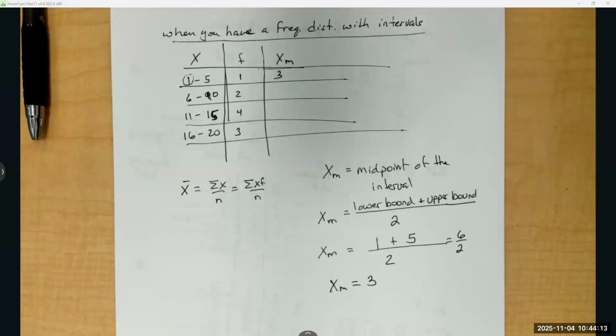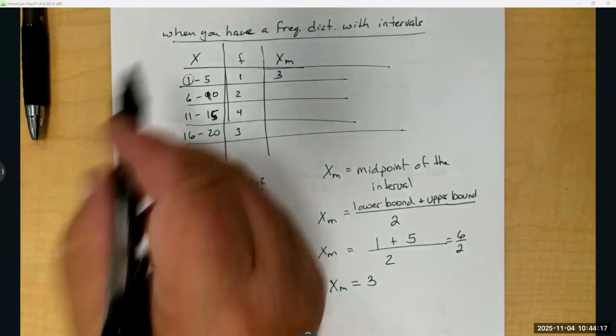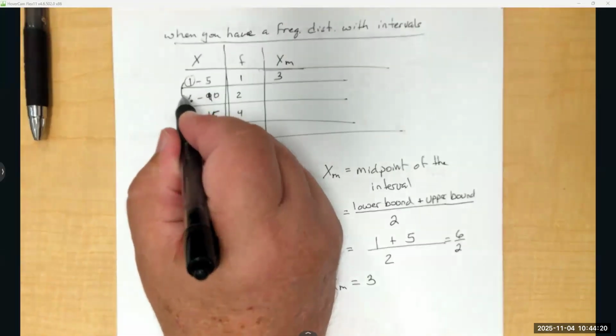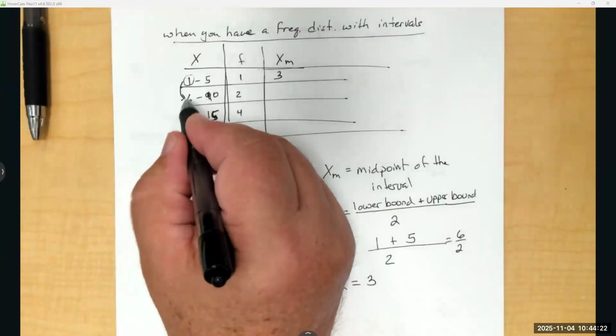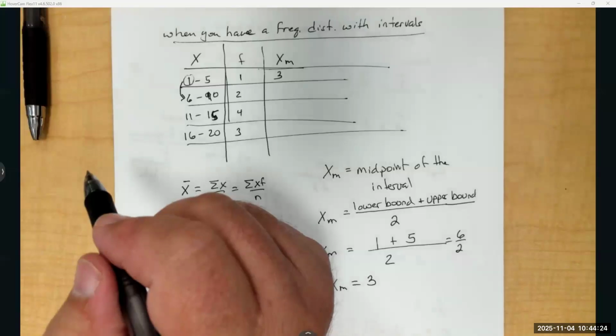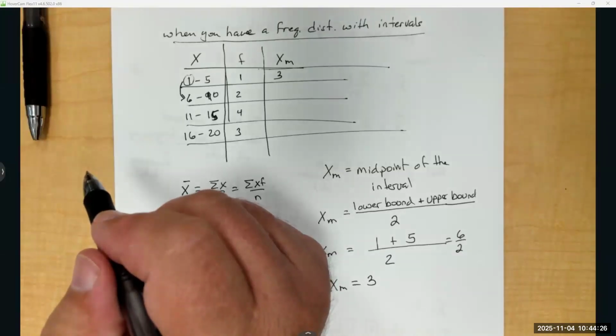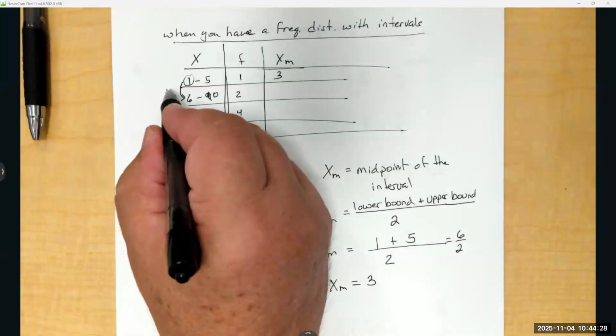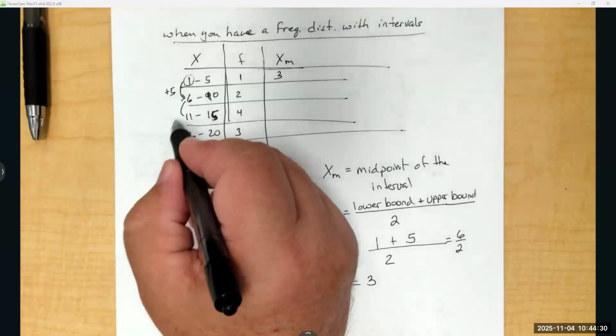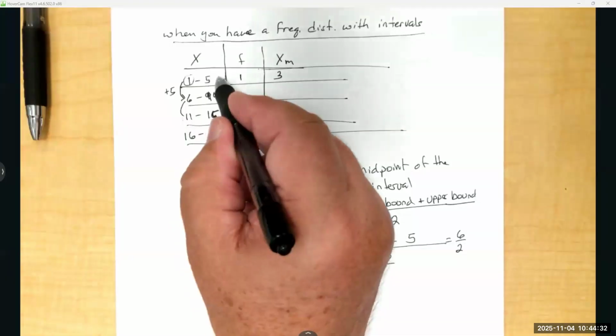Okay, the beautiful thing is we don't have to do any more calculations. You notice how the lower bounds go from 1 to 6, what do I do to get from 1 to 6? Add 5, yeah. And then from 6 to 11, add 5. How about the upper bound?